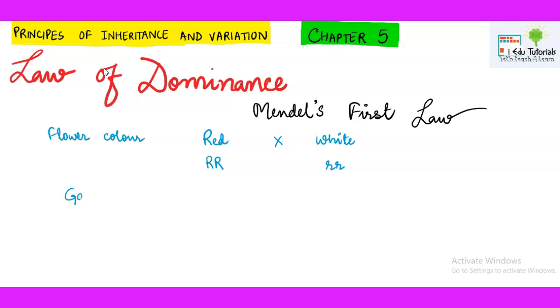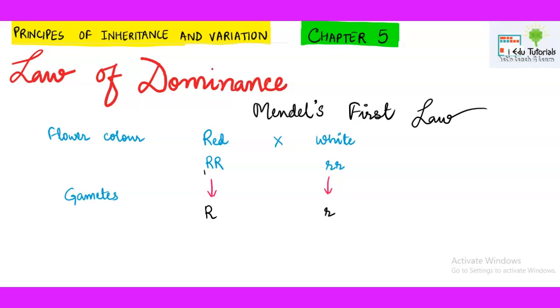Now, when gametes form, you know that the law of segregation will act, right? In the next video, we will talk about this law in detail. However, in short, during the formation of a gamete, only one allele of a character will go.